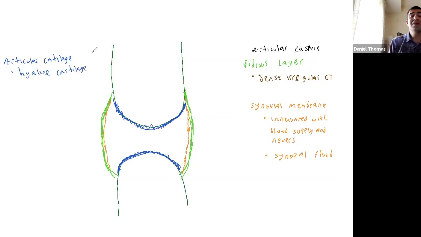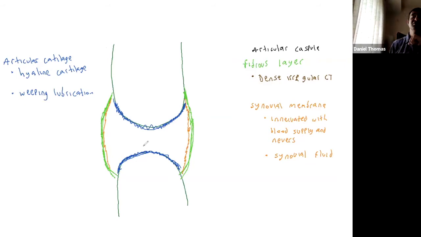So it's involved in a process called weeping lubrication. So what happens is that when the bone does not have pressure on it, so for example, if this is going to be the knee joint, whenever you lift your leg to walk, what's going to happen is that fluid is going to be absorbed into the hyaline cartilage, like so.